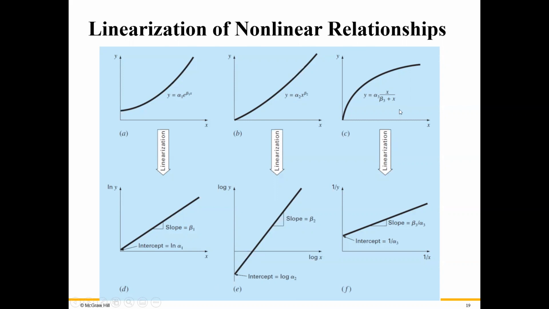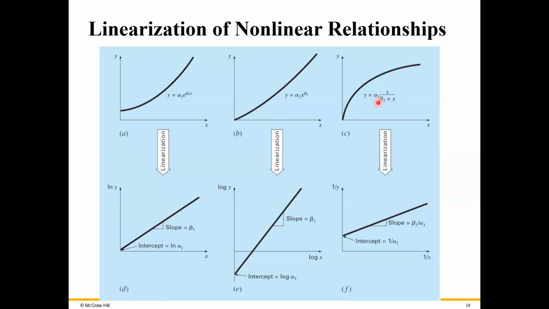And for this case, we take the reciprocal of both sides. So when we have the independent variable in the numerator as well as in the denominator, this x is in the numerator and x is also in the denominator, and then added with some constant, and then the whole fraction is multiplied by some constant.